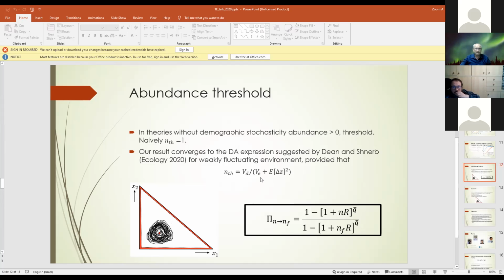So our formula for invasion reduces to the fixed environment formula when the environmental stochasticity goes to 0. The only new thing here is the inclusion of the environmental stochasticity. This is a non-trivial part of the story. Otherwise, yes, you're right. Everything is known.